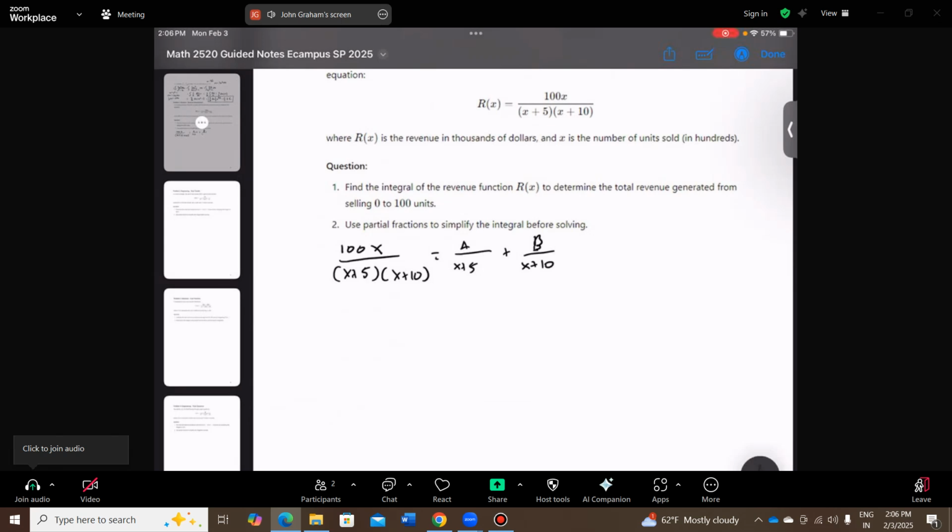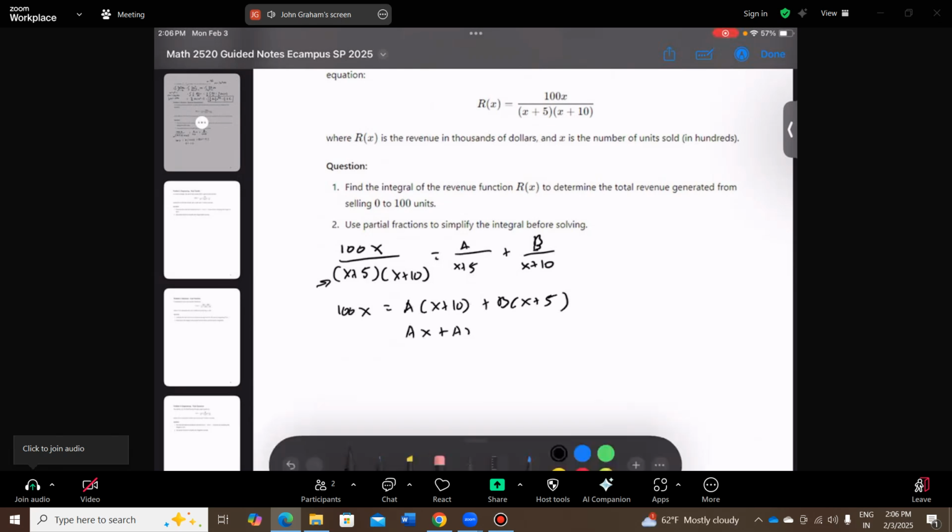Alright, so now we'll find a common denominator and multiply by the common denominator. So we'll have 100x, because the numerator is always that, equals A times x plus 10 plus B times x plus 5. And then distribute. I'll just write that as 10A and 5B.